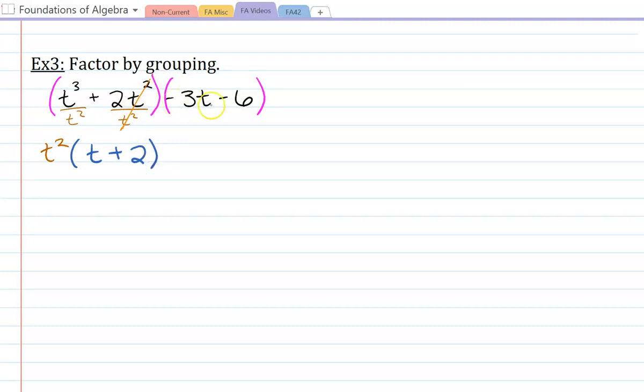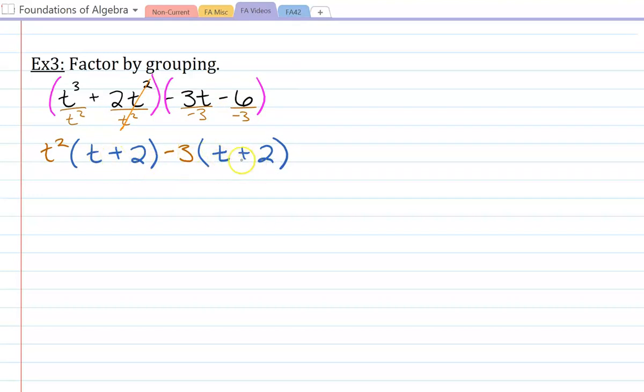And what about this second pair? What did we say when we had a negative in front for GCFs? We're going to bring it with us for our GCF. So this GCF will not just be 3, it will be negative 3. And dividing each of these two terms by negative 3, negative divided by negative is a positive, t plus 2.